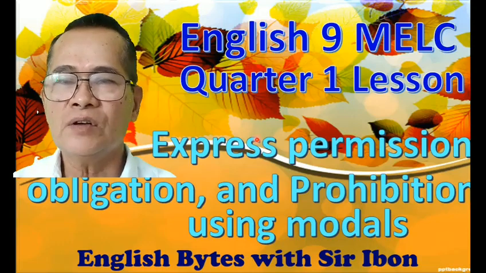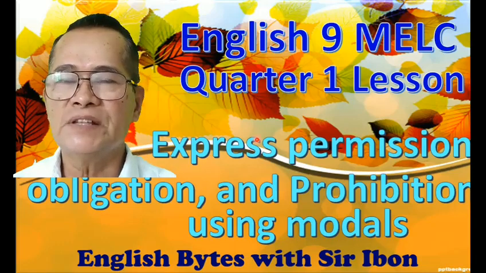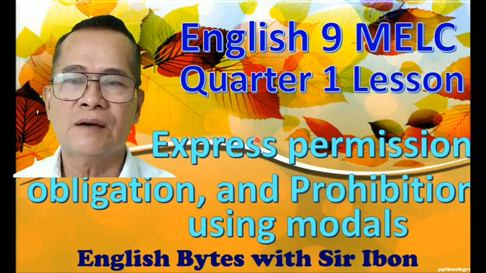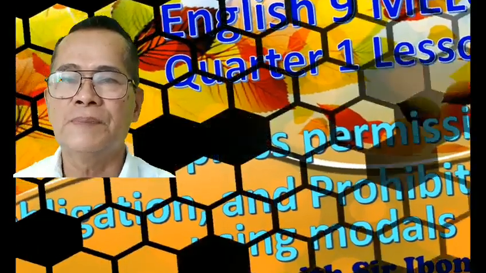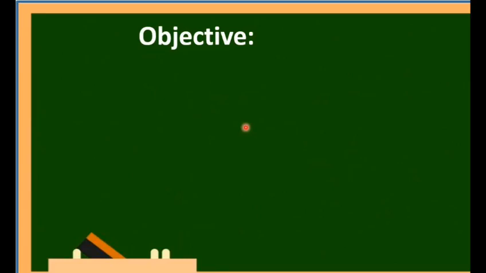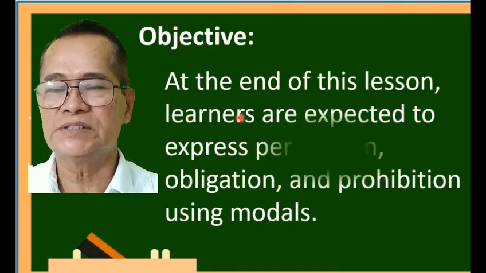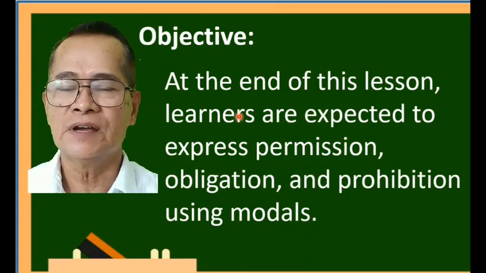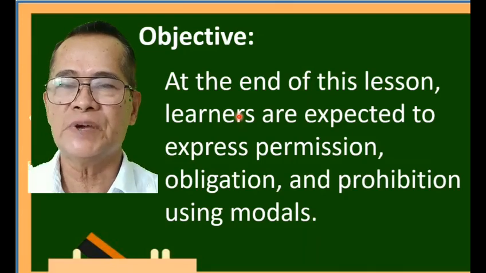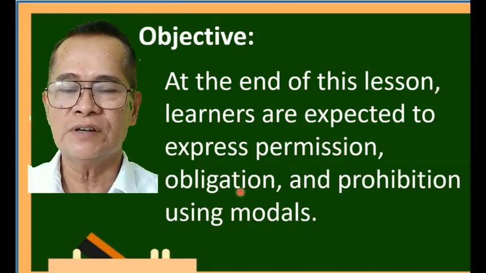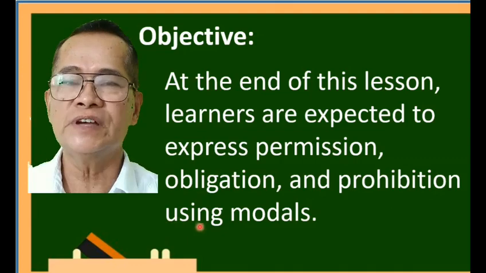And this video can be used, as I've said, by the learners as well as by the teachers during this pandemic period of the Department of Education. At the end of this lesson, learners are expected to express permission, obligation, and prohibition using modals.